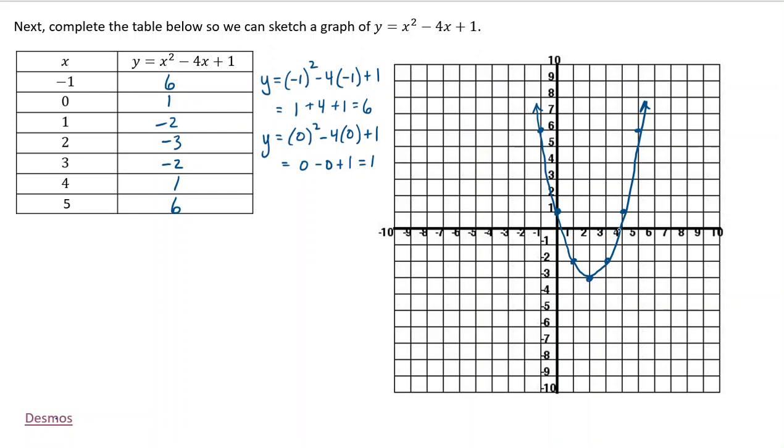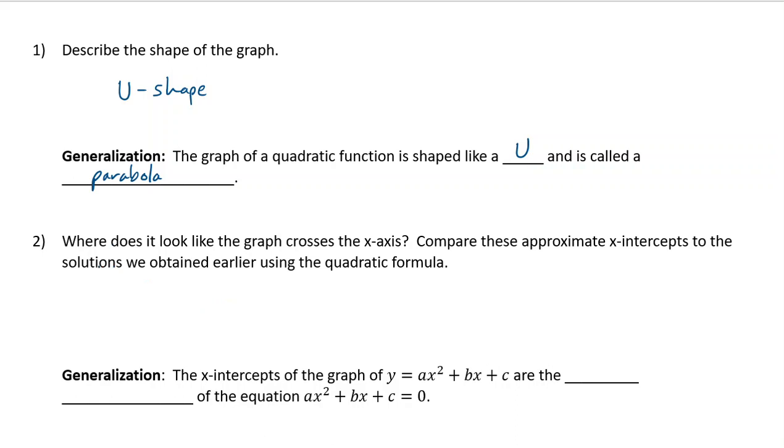And then on the right side of the U-shape, somewhere between 3 and 4. So let's say between 0 and 1, and between 3 and 4.